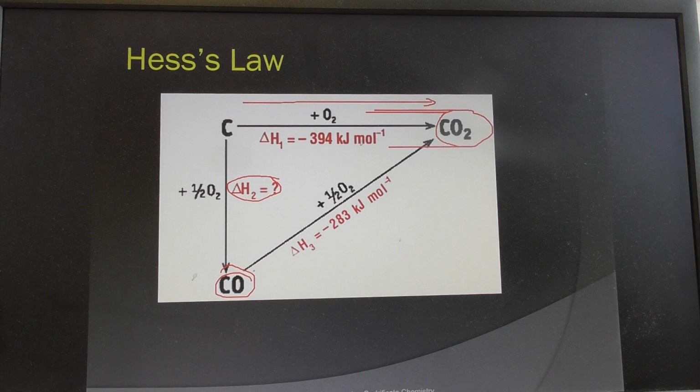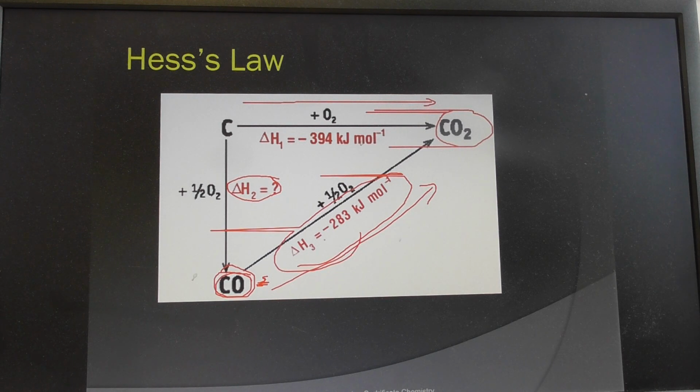But we do know that to go from carbon monoxide to carbon dioxide, a different reaction, the carbon monoxide is the reactant. If you add oxygen to that, you get carbon dioxide.